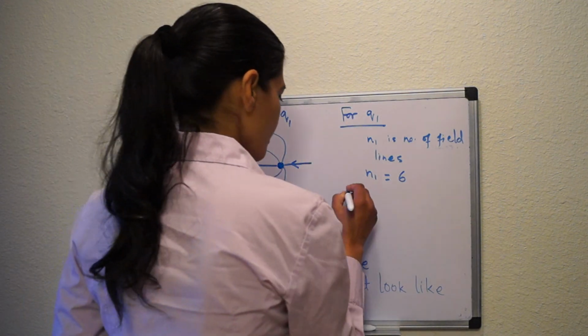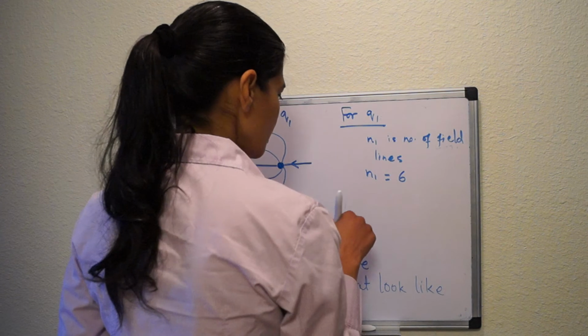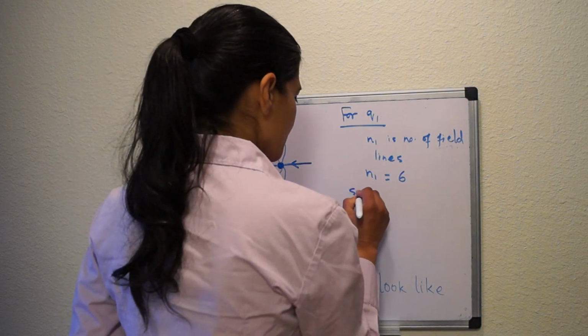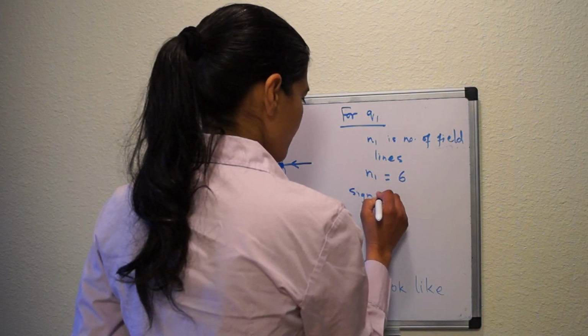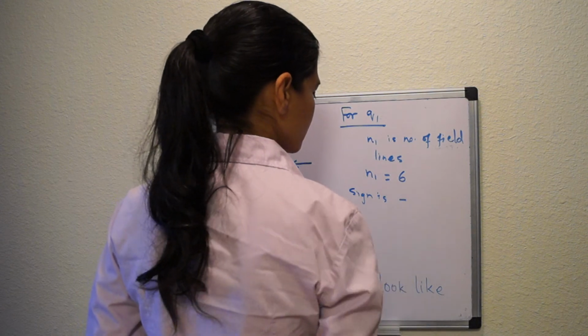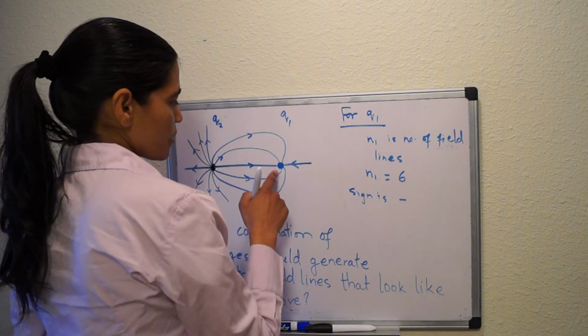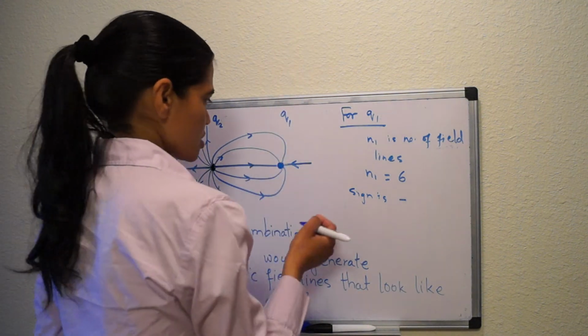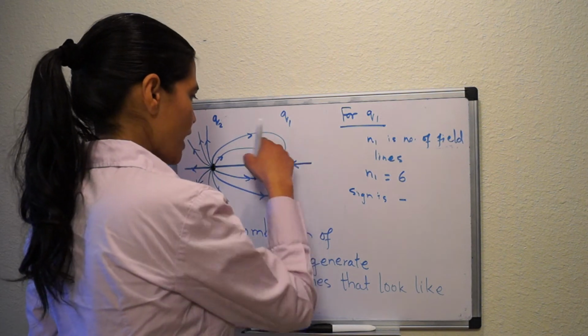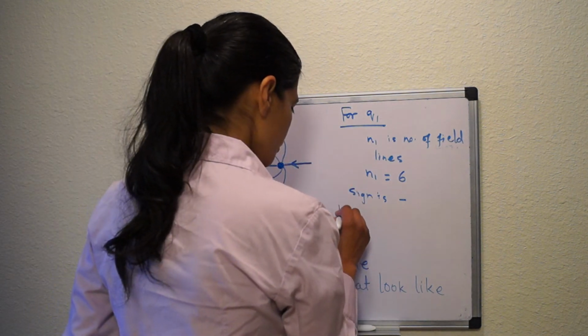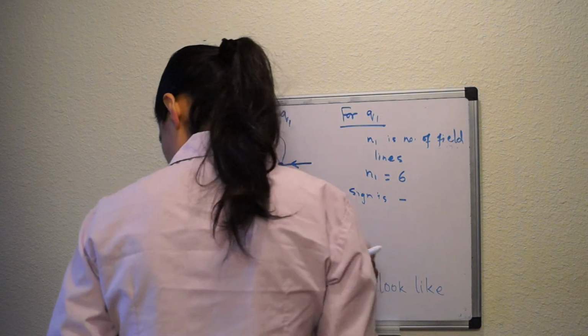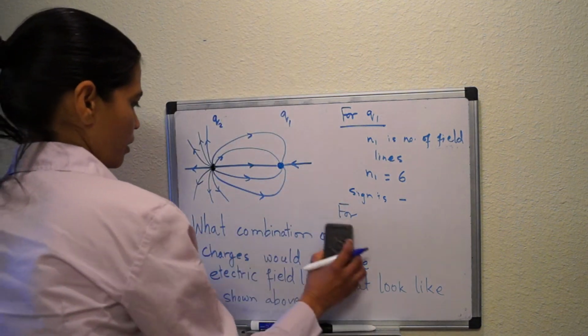So N1 is 6, and we know now the sign is negative, right? Because the arrows, the lines, are ending in that charge.